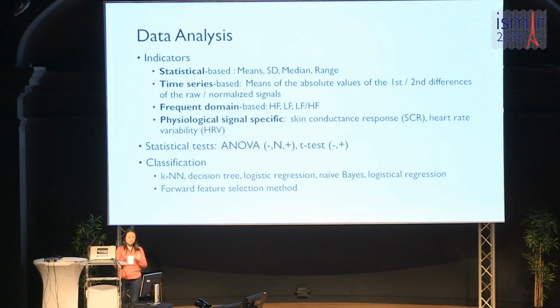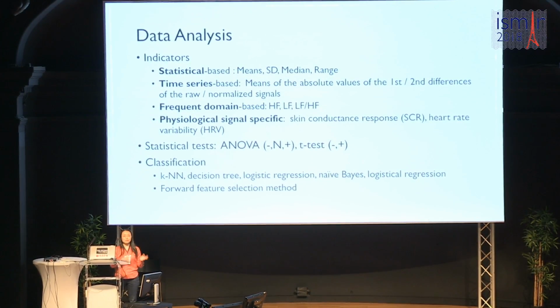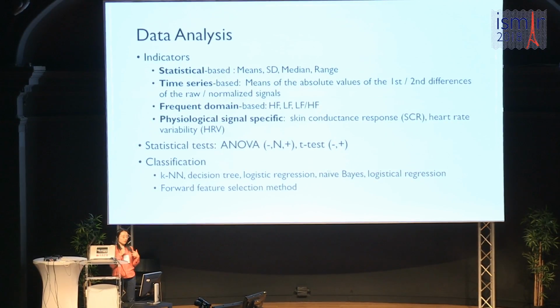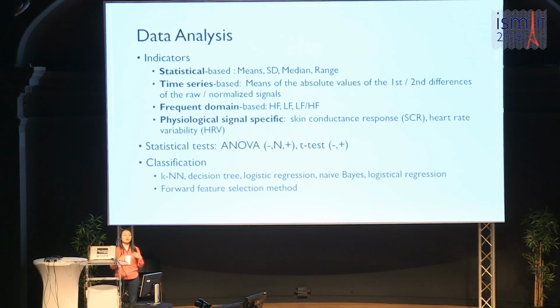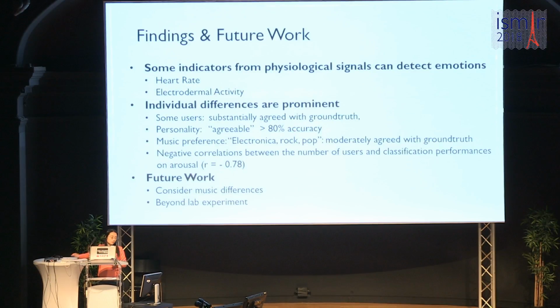With all these indicators, we did statistical tests to see whether they can tell different emotions, particularly negative or positive emotions in the mood dimension and in the arousal dimension. And then we made a classification experiment to see whether those signals can tell us.